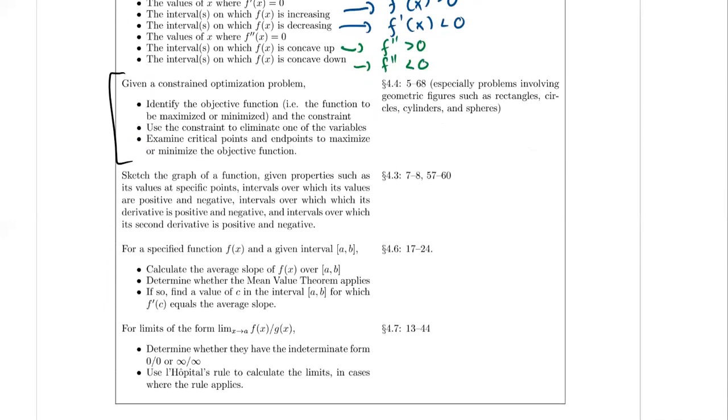So sketch a graph. That was section, let's see, section 4.3. I don't know if it was my section 4.3, but basically all I did in that video was, okay, here's a function. I'm going to get the information from the function, information from the derivative, information from the second derivative. So I'm pretty sure that was section 4.3. So just go ahead, look over that video, section 4.3, and you should see everything you need there.